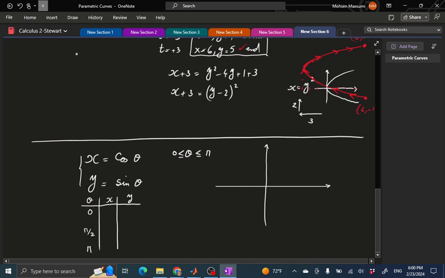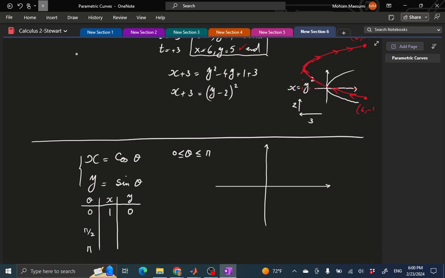But at 0, x, cosine of 0, is 1, y, sine of 0, is 0. So that would be, let's say, the point 1 and 0 at theta equal to 0. Now pi over 2, cosine of pi over 2 is 0, sine of pi over 2 is 1.